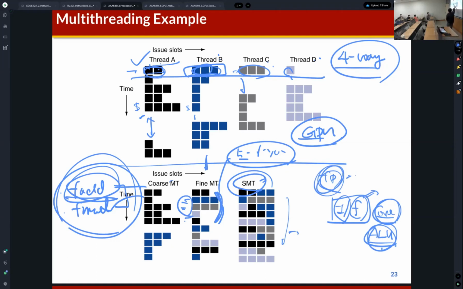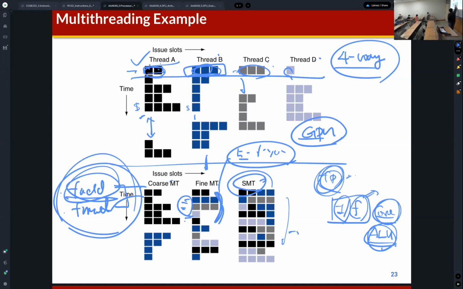Let us assume that thread A encounters a cache miss. The GPU performs a context switch to thread B, but with high probability thread B also performs a load instruction, because the GPU executes the same instruction.